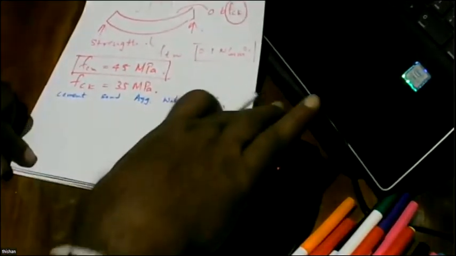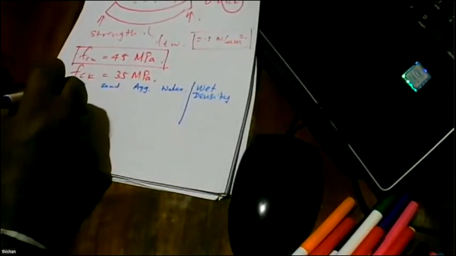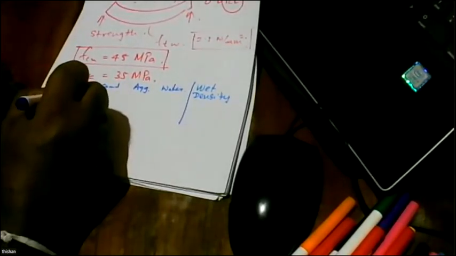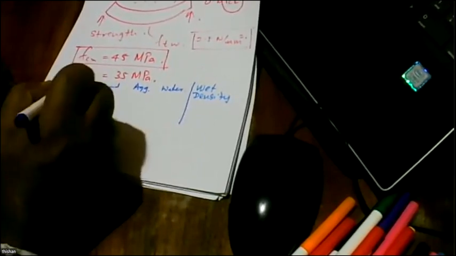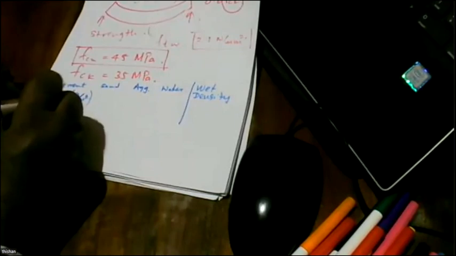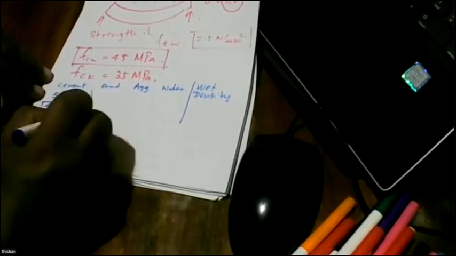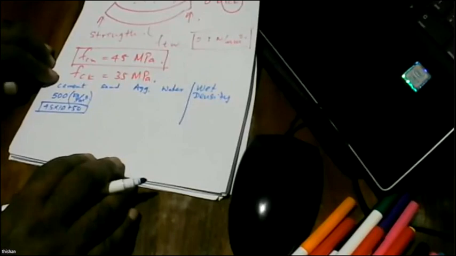And so if you are looking for something like 45 megapascal concrete, you have to at least use something like 500 kilograms per meter cube of cement, because the equation is 45 multiplied by 10 plus 50. This is the kind of approximate guideline. So you just multiply the grade by 10 and add 50.